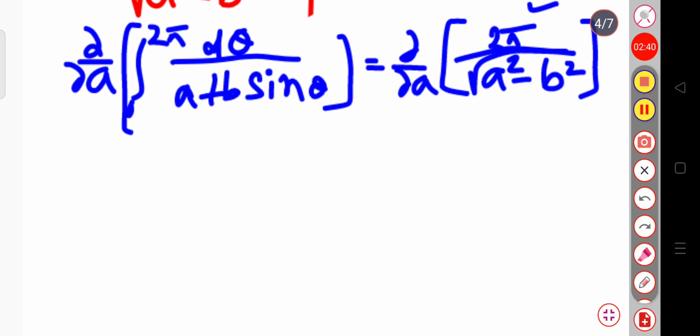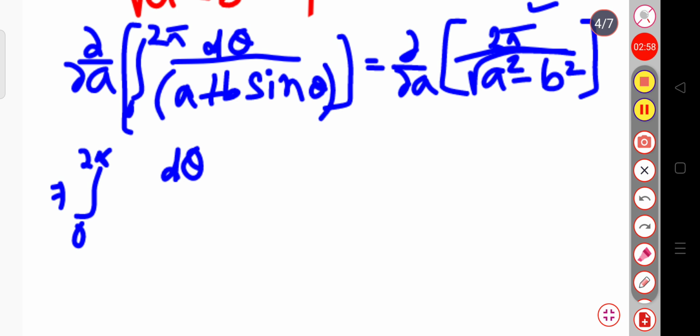Now, you can see if I take the derivative with respect to a, the integration limits 0 to 2 pi and the d theta will remain as they are. Since we are taking the derivative with respect to a, the term a plus b sin theta in the denominator, if I take it to the numerator, becomes a plus b sin theta power minus 1.